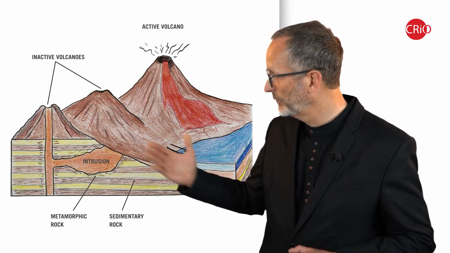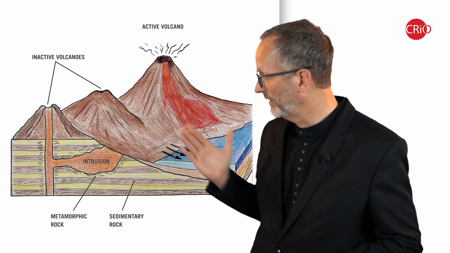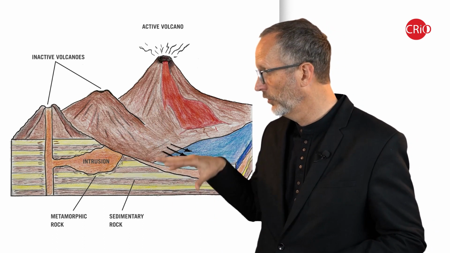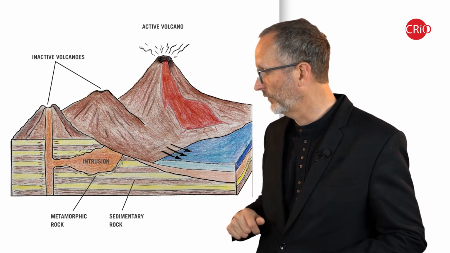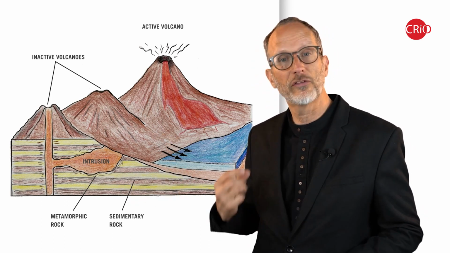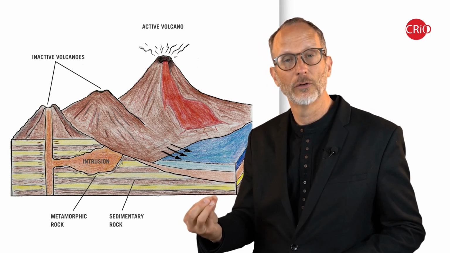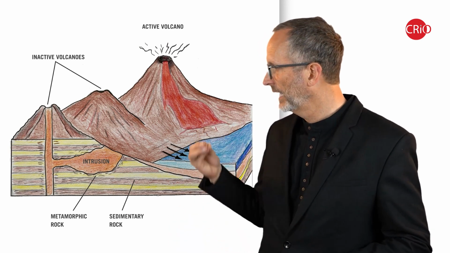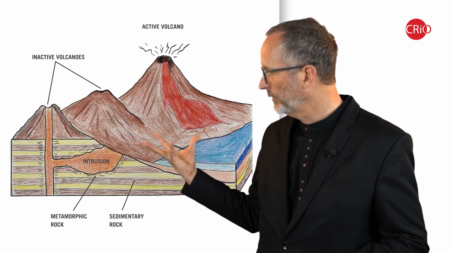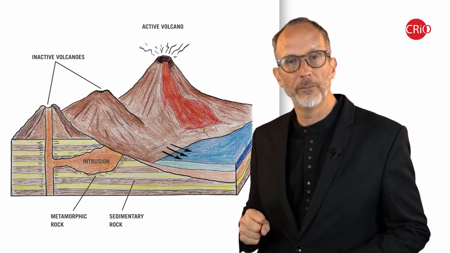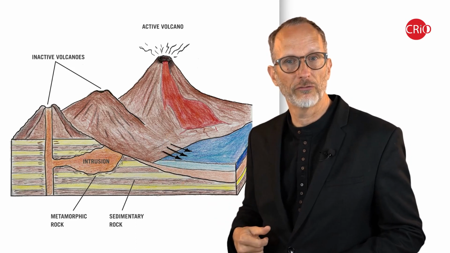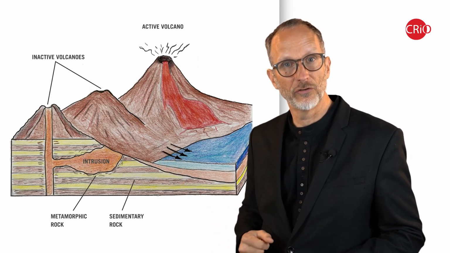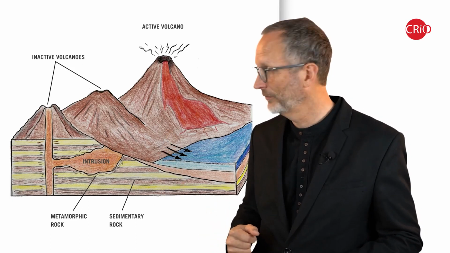Crystallization of molten rock, either erupted like in a volcano or intruded into the crust, yields the primary rock. We call this igneous rock. That igneous rock can be eroded from exposure to the surface, chemical changes by water, and so forth.